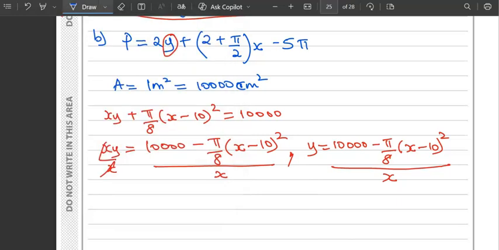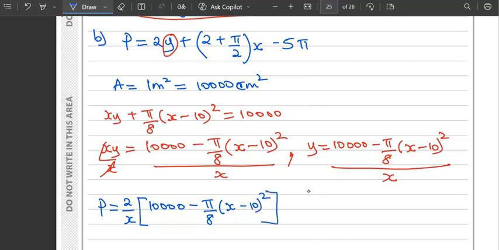If you substitute the value of y, perimeter will be given as 2 over x, open a bracket, 10,000 minus pi over 8, open the bracket, x minus 10 squared, close the bracket, plus 2 plus pi over 2 of x, then minus 5 pi.